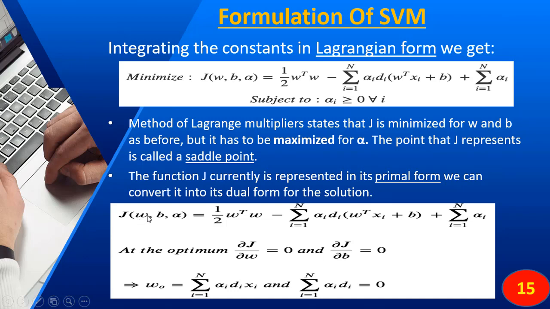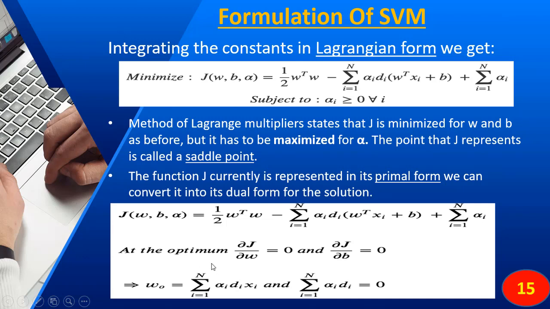J(w, b, alpha) = 1/2 w^T w minus the summation from i equal 1 to N of alpha_i d_i (w^T x_i + b) plus the summation from i equal 1 to N of alpha_i.